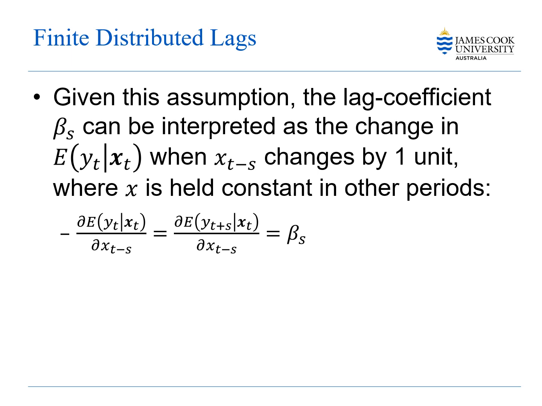So in terms of partial derivative, it is this way: the partial derivative of the expected value of yt conditional on x with respect to xt minus s is equal to beta s. So in this case, beta s captures the causal effect from x to y.